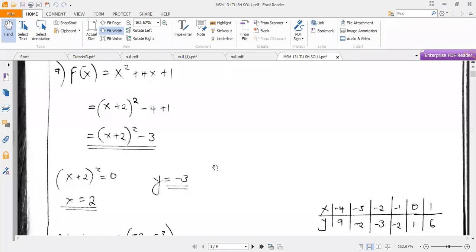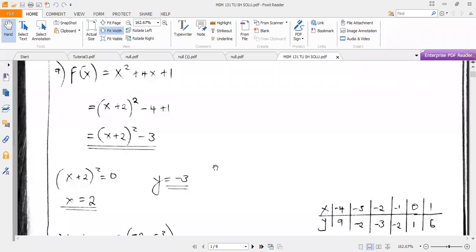What we do is get half of the middle coefficient, which is 2, and square it, and then we get x plus 2 squared. But let's not forget there is an equals -1 on the right-hand side of this equation.